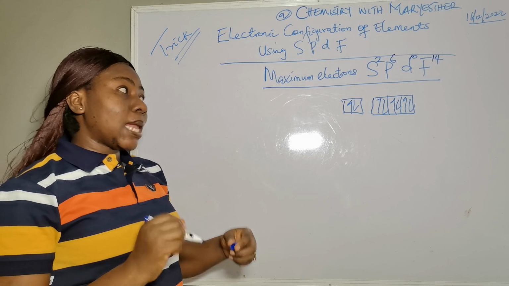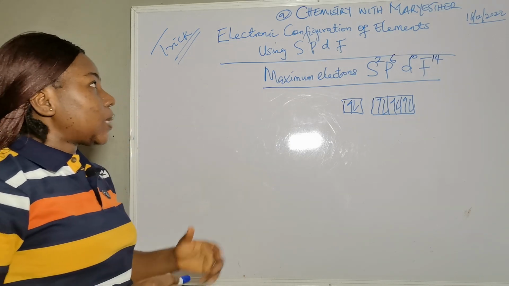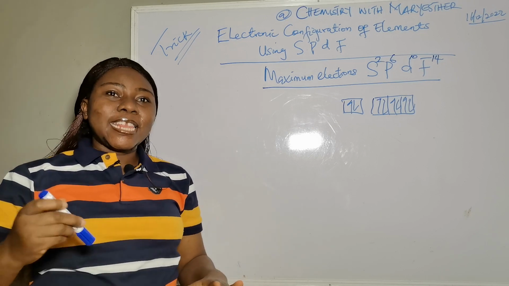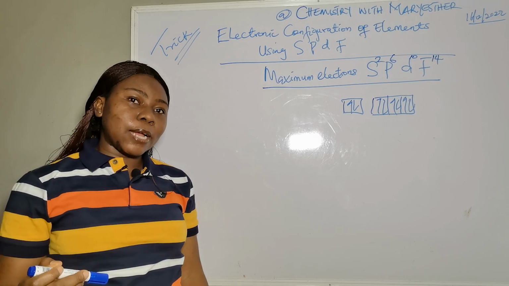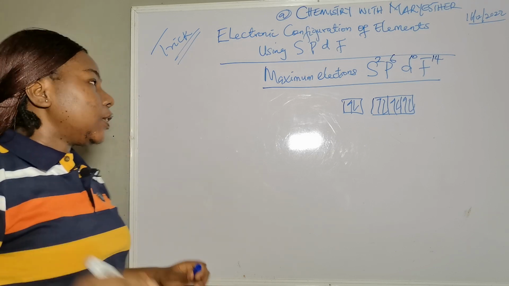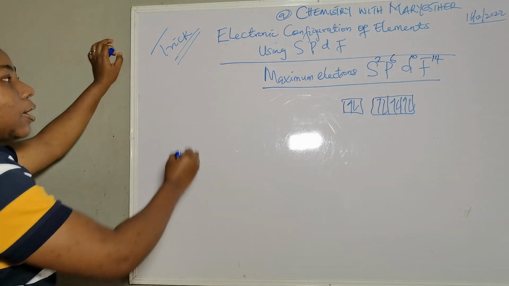Now, that is not exactly what we have for today. But I'm going to teach you a simple trick on how to present the electronic configuration of any element at all using SPDF. Now, follow this simple trick.